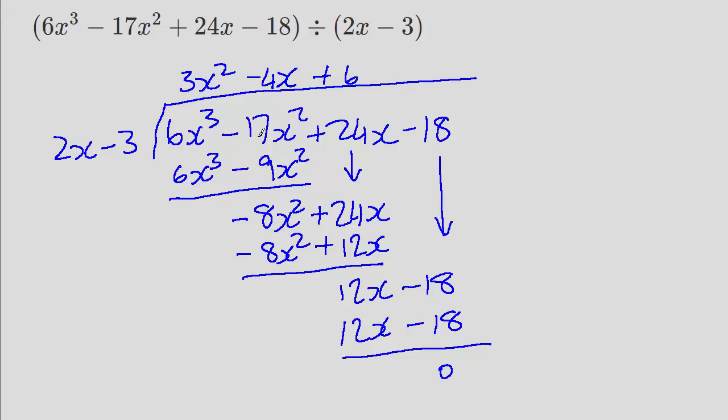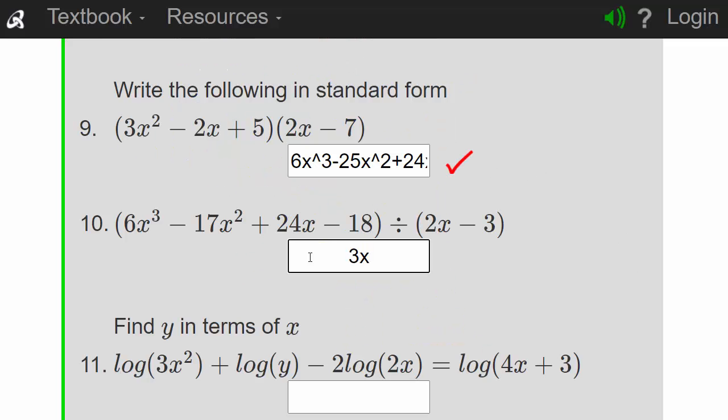So that means that 6x cubed minus 17x squared plus 24x minus 18 is divisible by 2x minus 3, and the result is 3x squared minus 4x plus 6, and there is no remainder. So we put in 3x squared minus 4x plus 6. Right? Yes, we are.